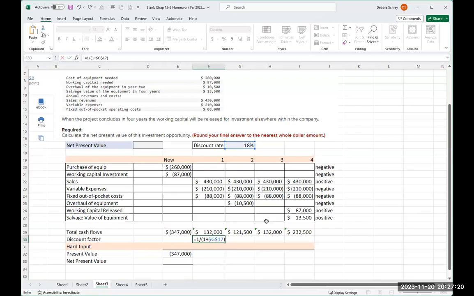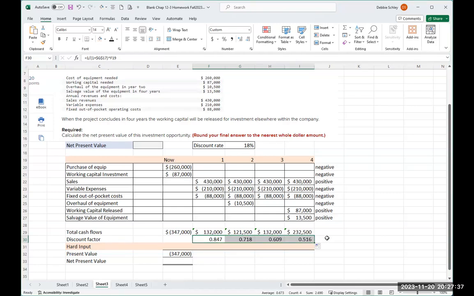Close parentheses, raised to the value of the year. So that's why I put these years up here by themselves, so I could reference them as a number. And then I can just drag that formula across to each year, or you can type it in several times and practice.